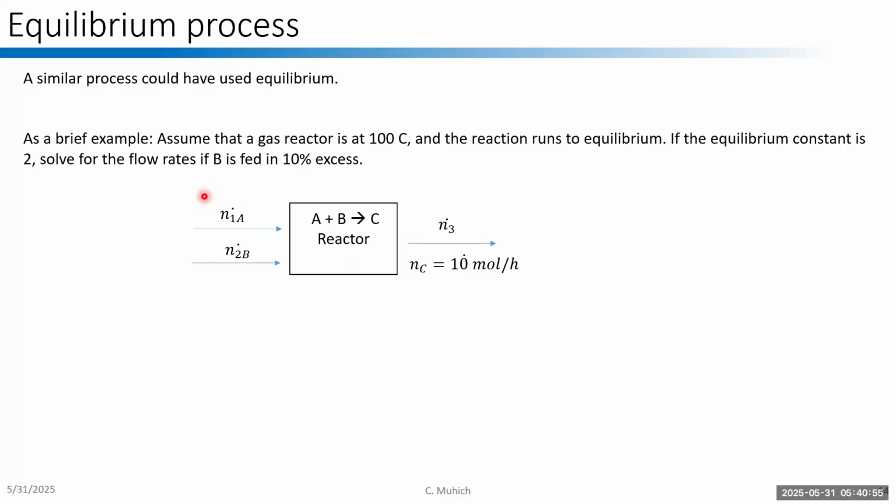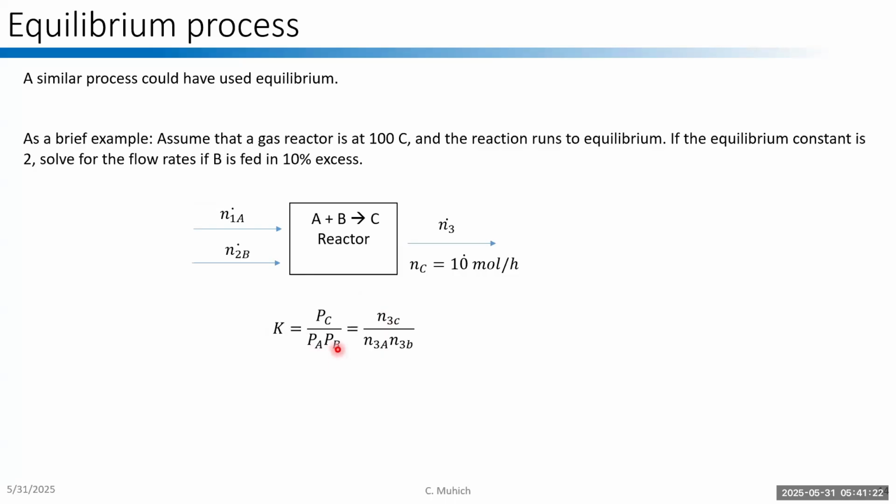Here, we're not going to go all the way through this problem, but we're going to set it up and get to a point where it becomes just a simple mass balance, which we have become familiar with. Okay, so setting this up, we have our reactor equilibrium K, which is equal to the partial pressure of C over the partial pressure of A and B, right?